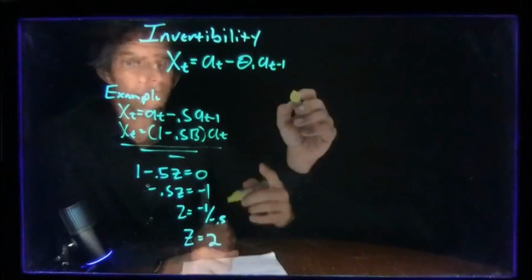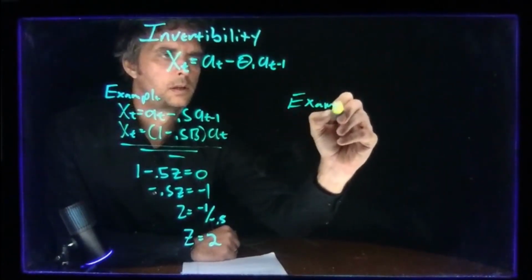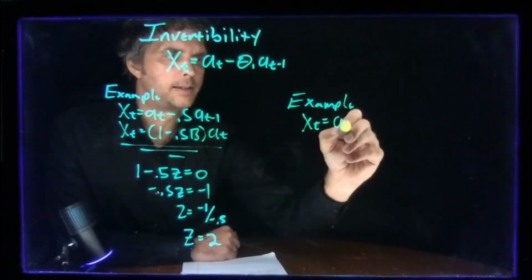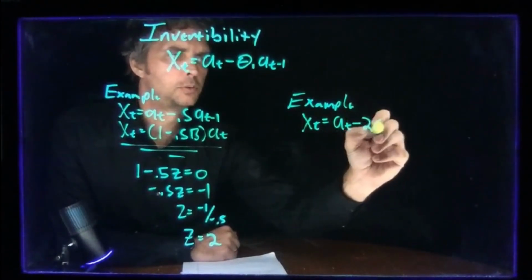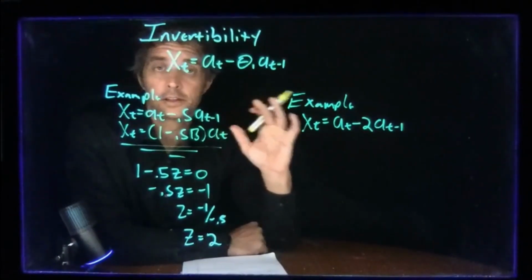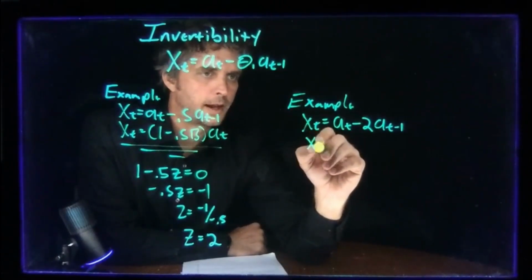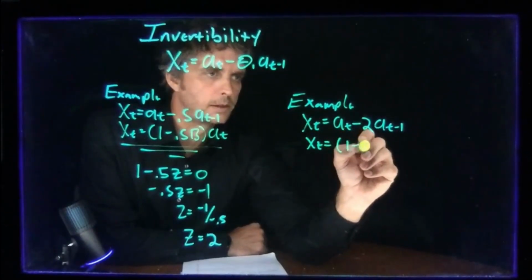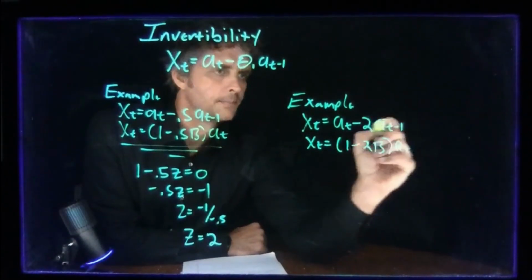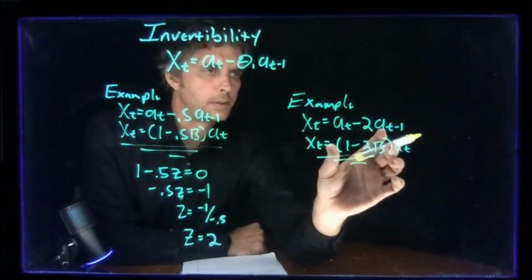Now, let's look at another example. This time we'll have xt equals at minus 2 at minus 1, and we'll check to see if this is an invertible time series model. That would be very simple. All we do is say xt equals 1 minus 2B at, and we've got all the information we need about invertibility right here.